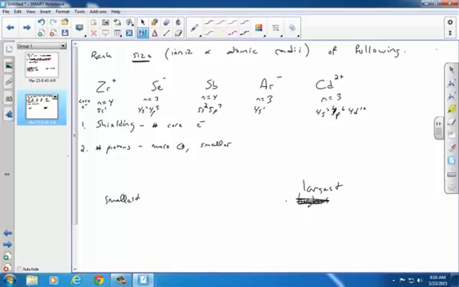So between the 2 of them, since they have similar amounts of shielding here, what I need to know is which has more protons. Selenium always has 34 protons, argon always has 18. That's a lot more protons for selenium, so that should be the smallest.